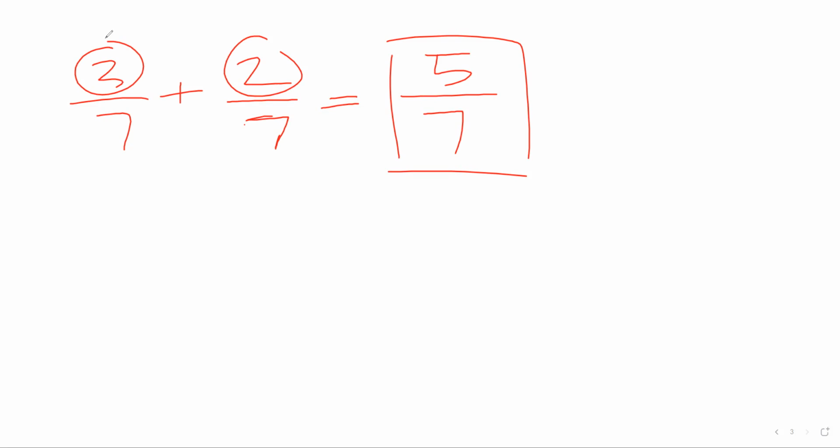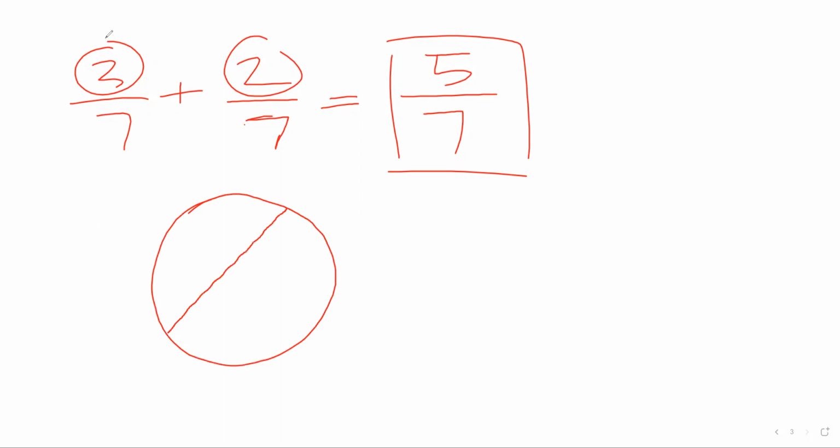If I have 3 pieces and then another 2 pieces and I put them together, that's 5 pieces. If I had a pizza, I like pizza, so I like to go to this one. And this is again why I always say do rectangles, not circles. And I had 7 equal pieces.